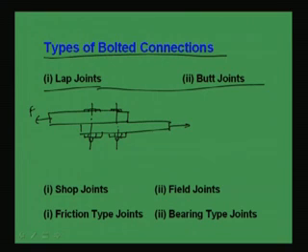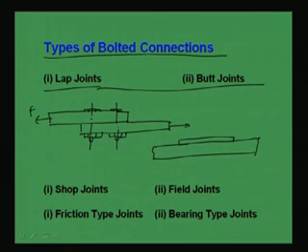So, this is called lap joint. In case of butt joint, basically two extra covers are used. So, this is one plate, and these are the two plates which have been connected through butt.